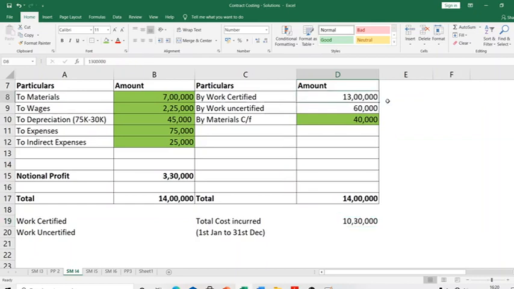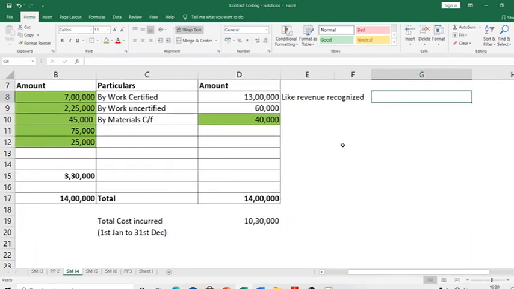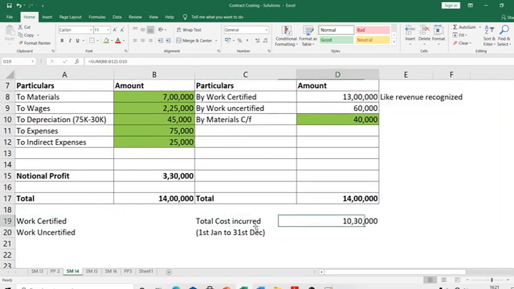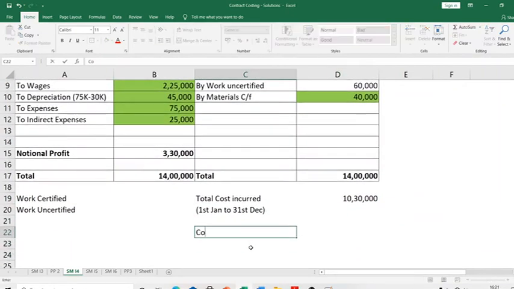This 13 lakhs is like revenue recognized, and this is only for Jan to November. But this cost of 10,30,000 is for Jan to December. That one extra month cost alone is there, revenue is not there. This is where what we will do is the last month cost, or the cost of work done which is not certified.